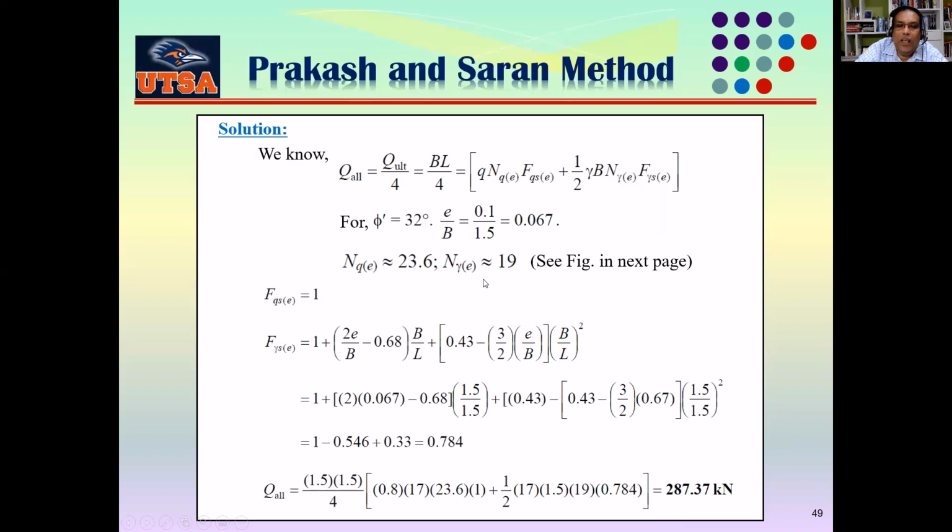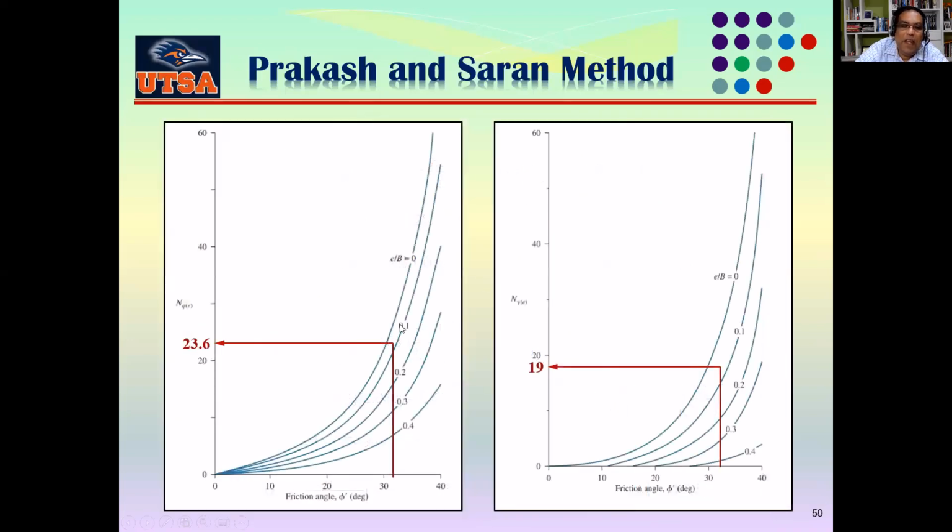Now, if you go to the next picture here, I tried to show that for 32 degrees, if you just go here, I don't have any curve for 0.067. So I just assume it's 1/3 from here and 2/3 from here, another line here, okay?